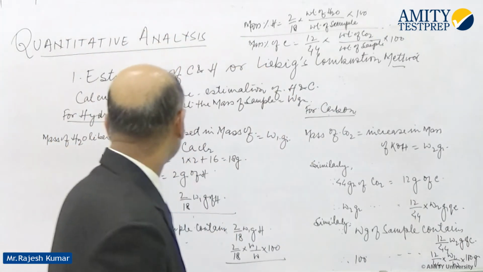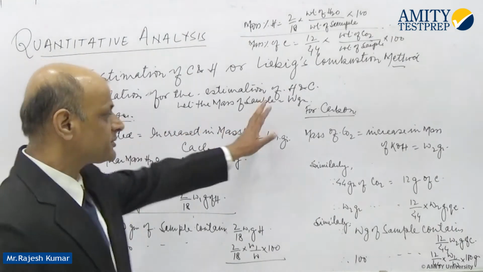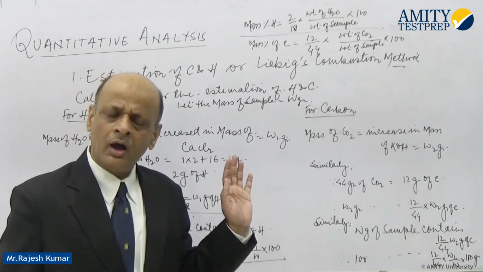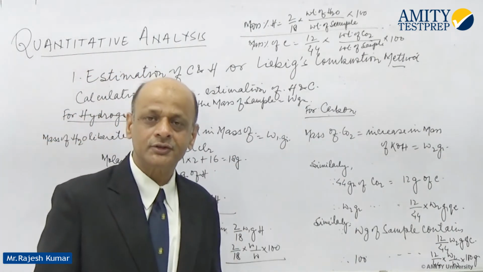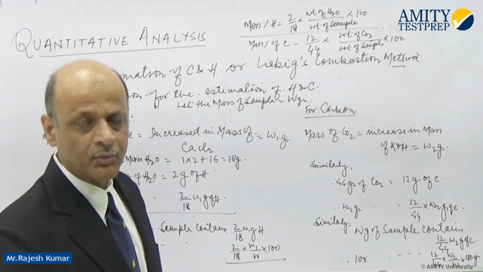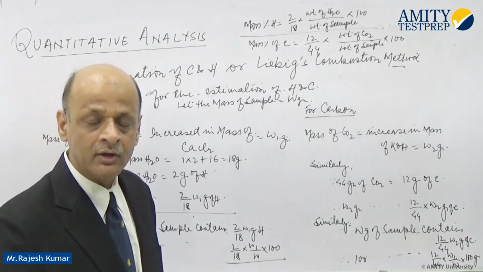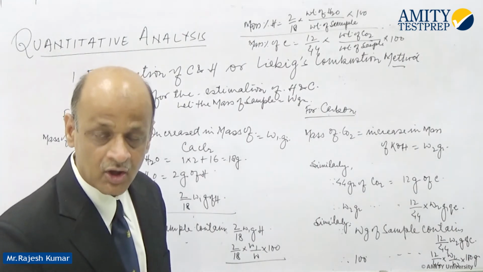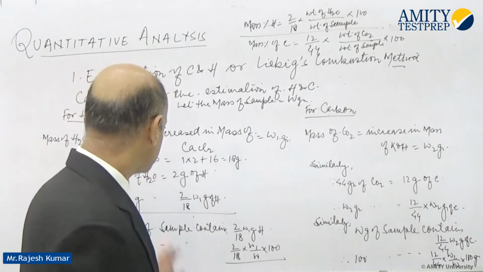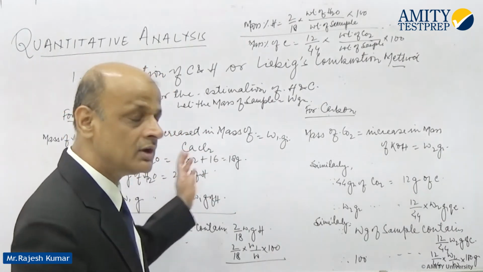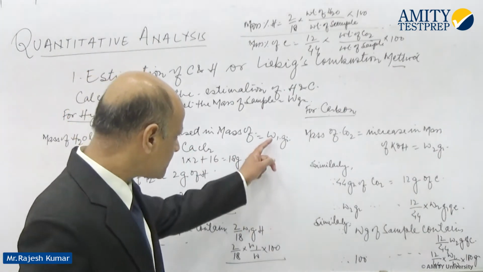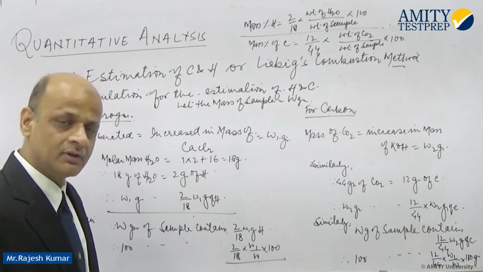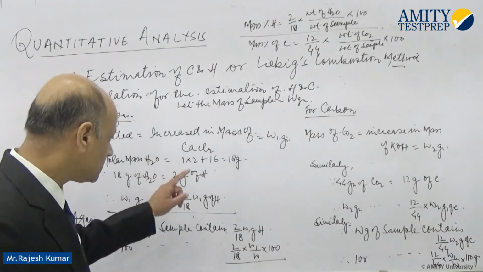Again, I am going to brief you. For the calculation, let the mass of the sample be W gram. Hydrogen can be estimated from the production of H2O. The amount of water liberated is equivalent to the increase in mass of anhydrous CaCl2, which we suppose is W1 gram. Since the molar mass of H2O is 18, 18 gram of H2O contains 2 gram of hydrogen.